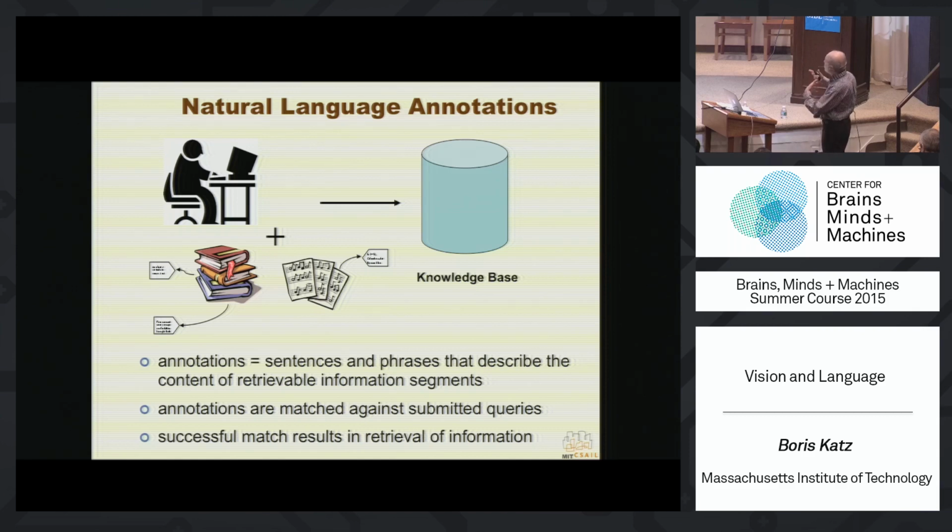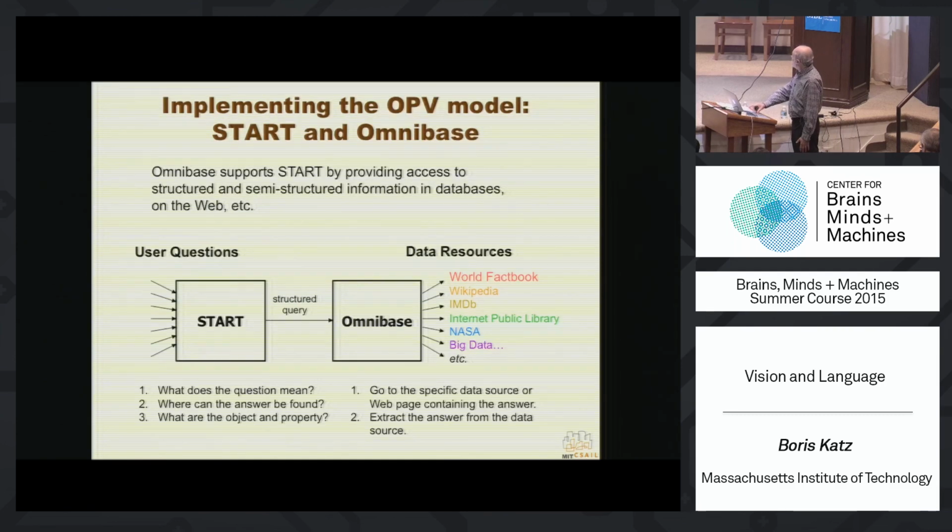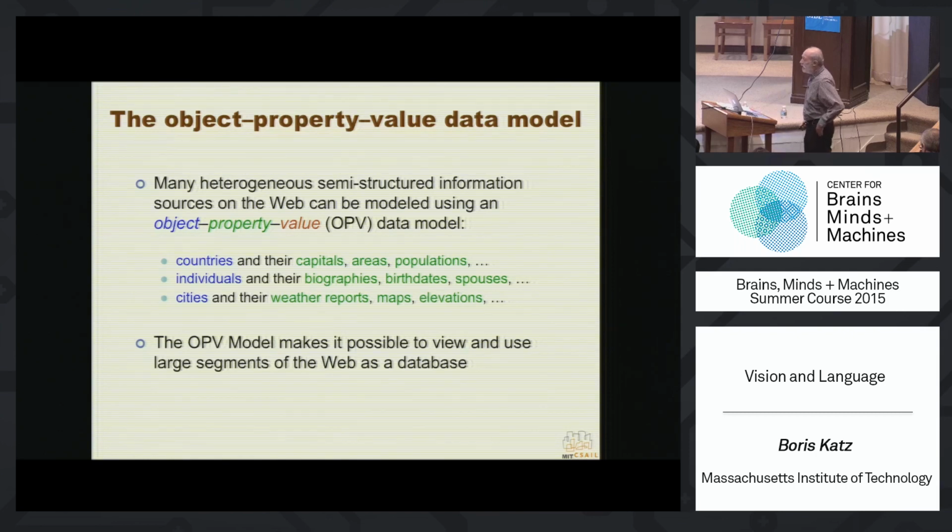Annotations are then matched against submitted queries, and a successful match results in either retrieval of that information or some procedure to retrieve that information. And a special case of this procedure is done using our object property value data model.